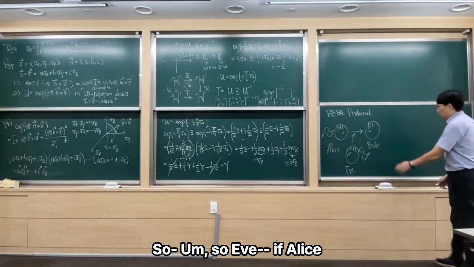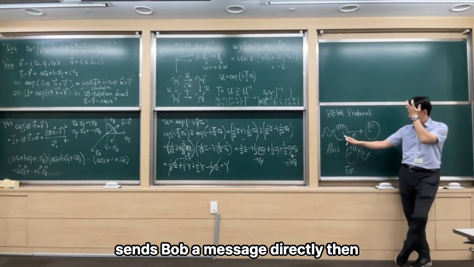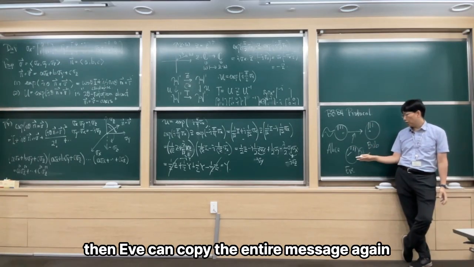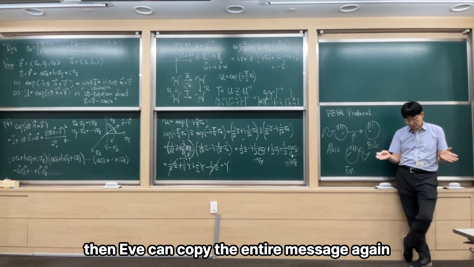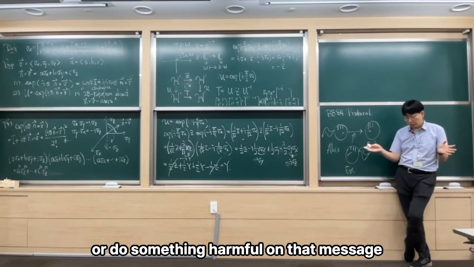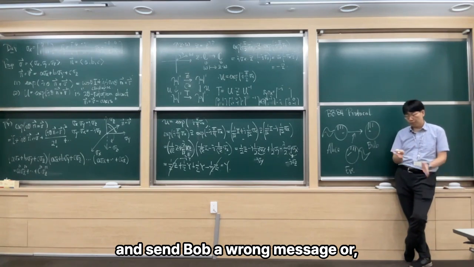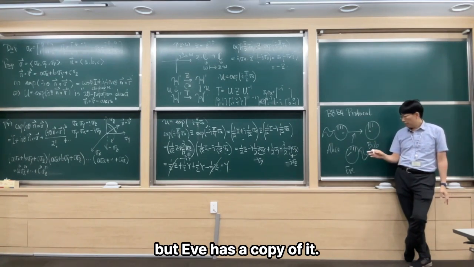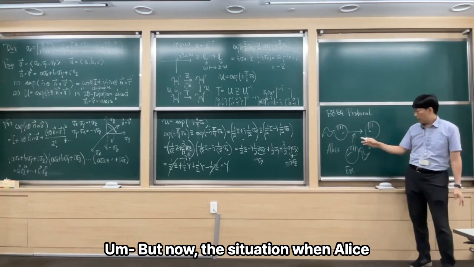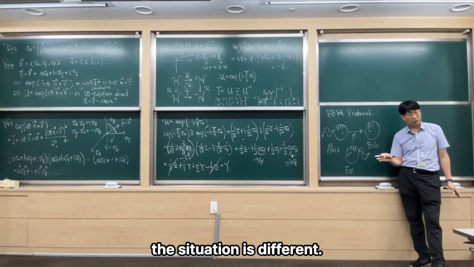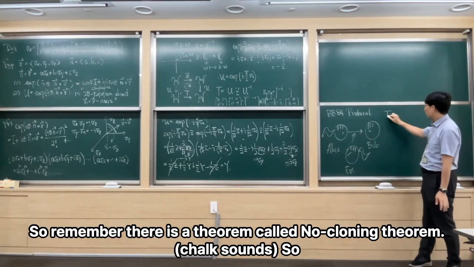So if Alice sends Bob a message directly, then Eve can hear everything. In the classical situation, Eve can copy the entire message, or manipulate it or do something harmful to that message and send Bob a wrong message, or get the same message but Eve has a copy of it. But now when Alice is sending Bob quantum information, the situation is different. So remember, there is a theorem called the no cloning theorem.